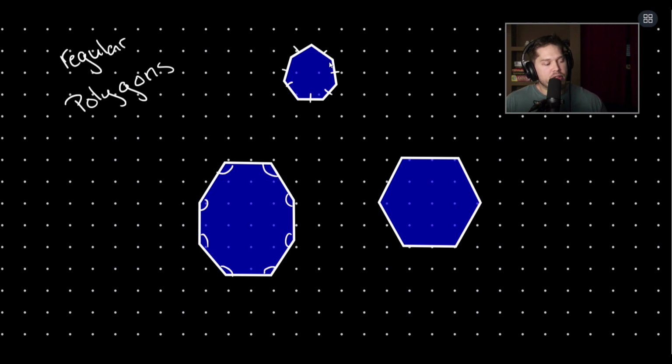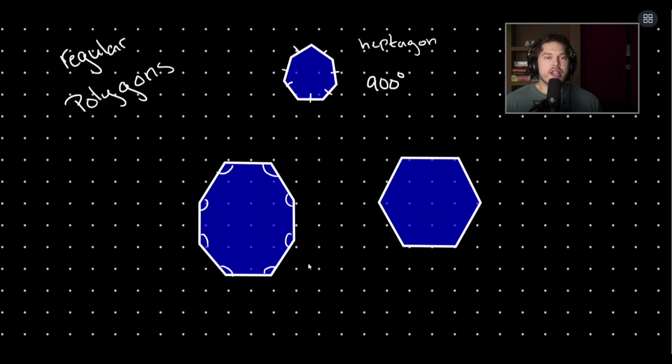Okay, here on this top shape, what is it? It's 1, 2, 3, 4, 5, 6, 7. This is a heptagon. We already found that the total interior angle measurement of a heptagon is 900 degrees.